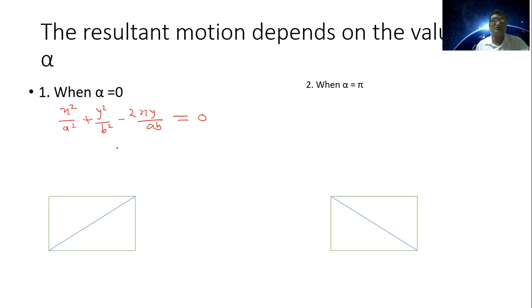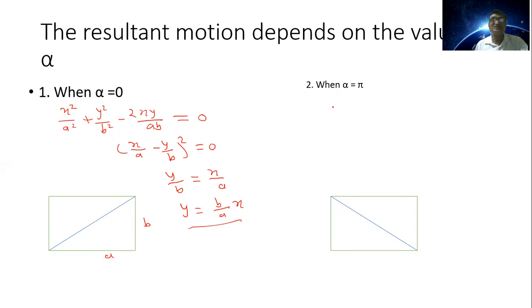If we solve this equation, we can write x upon a minus y upon b in bracket square is equal to 0, or y upon b is equal to x upon a. Therefore, y is equal to b upon a into x.